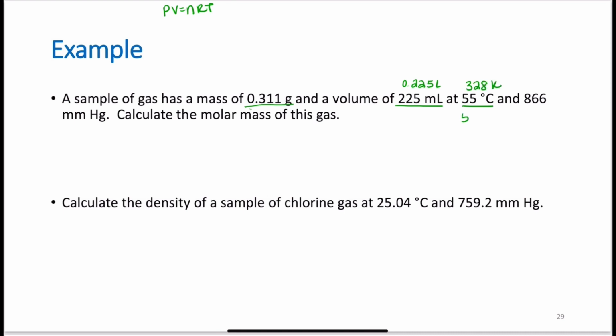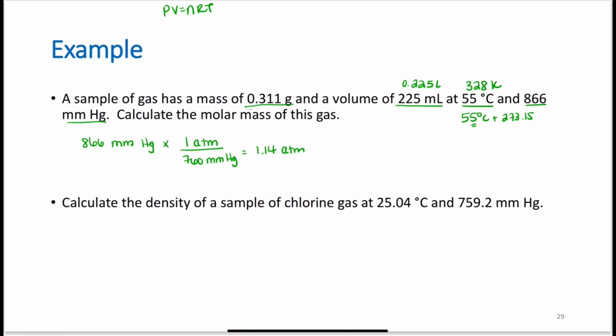Again, I just took that 55 degrees C and added 273.15, but because of sig fig rules, I have to keep to 0 decimal places, the ones position. And 866 millimeters of mercury in atmospheres. I know 1 atmosphere is 760 millimeters of mercury, so this equals 1.14 atmosphere.